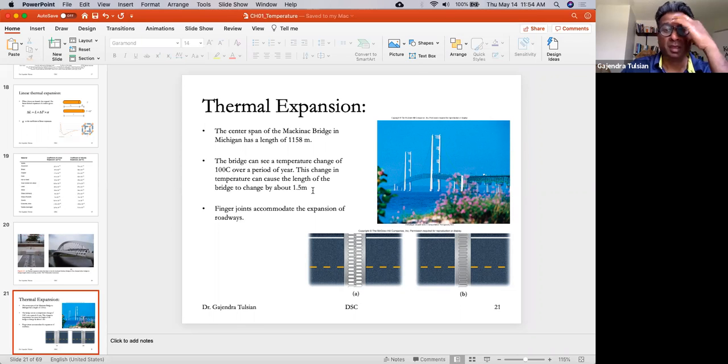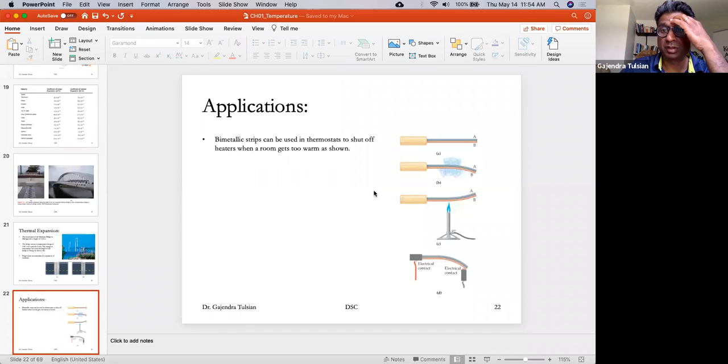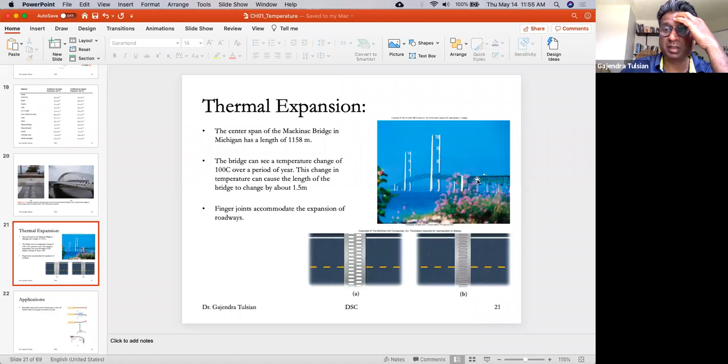And so if the length increased, this rod would bend. This is a bimetallic strip, and it bent because there are two different metals. But in this bridge, if you didn't accommodate for the length expansion, the bridge would buckle.